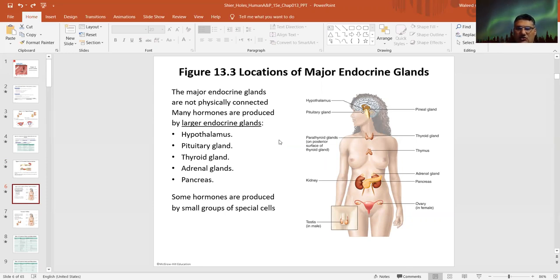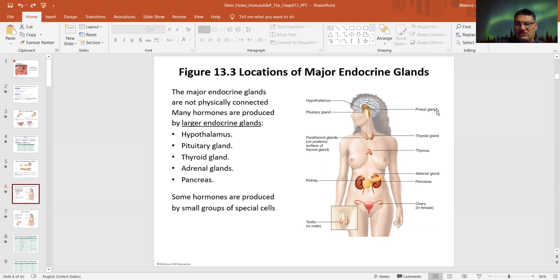I'm talking about a group of glands, a lot of glands all over the body. All these glands secrete hormones. But who is managing all these hormones? The big boss is the hypothalamus, and the vice president is the pituitary gland. And then all these glands are going to secrete various secretions that we will talk about.